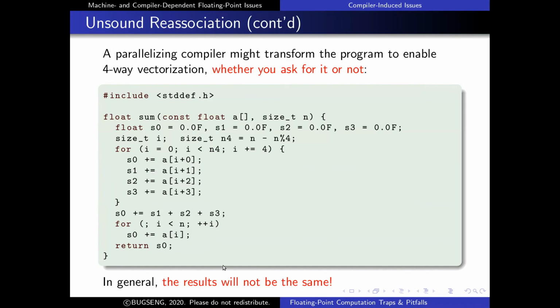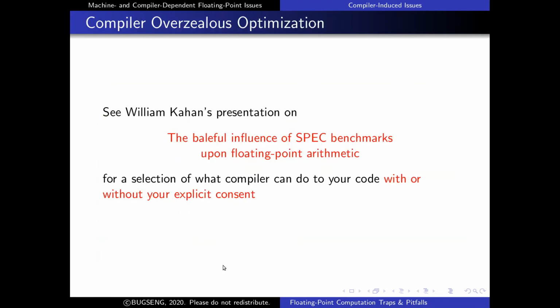But the result will not be the same in general. So there is a whole lot of things that compilers do that they shouldn't do. Not only do they exploit non-existing associative properties of addition, as we have seen, but they also exploit the non-existing distributive property. Why do they do it?